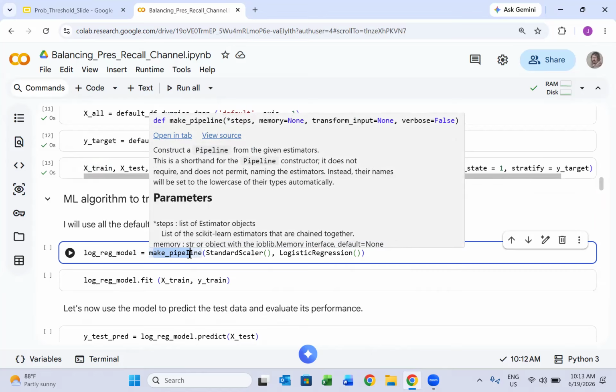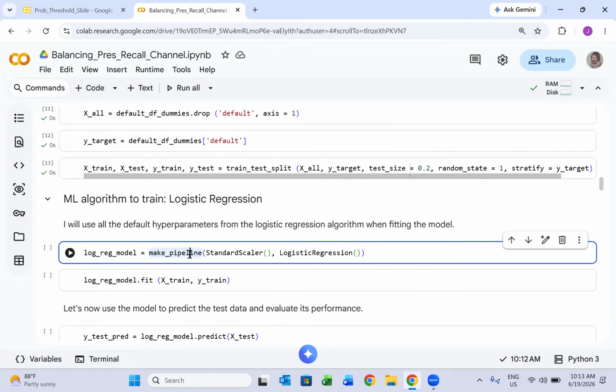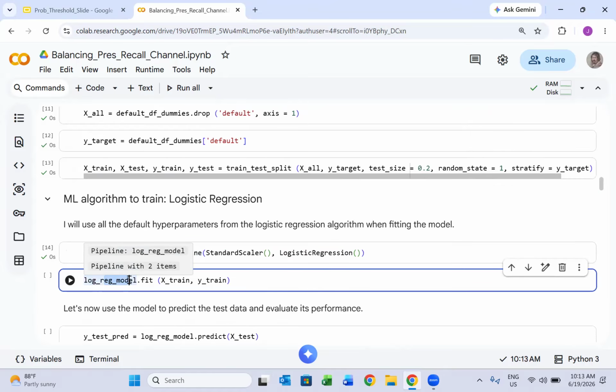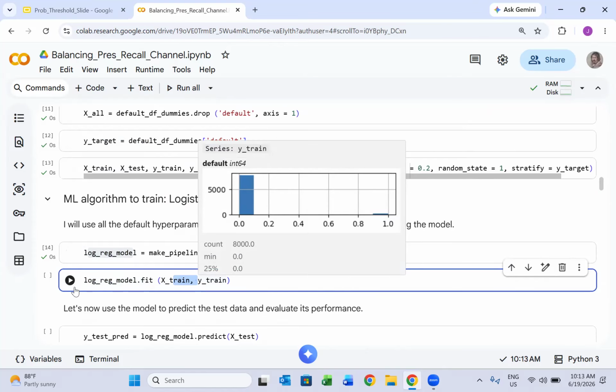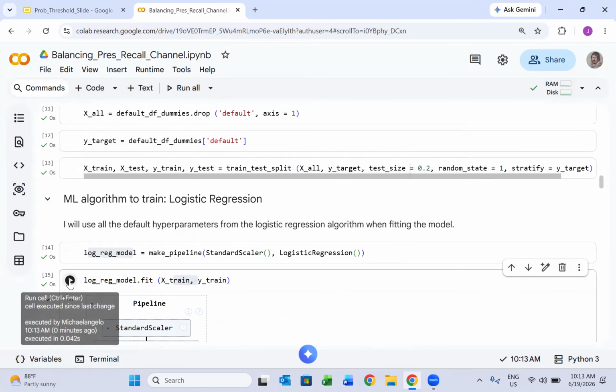When you apply logistic regression, you must standardize the features first, and that function allows me to do those steps in a sequence. So standardize, then apply the specific machine learning algorithm, which in this case is logistic regression. All right, so let's define the model, which I title logistic regression model. And now in the next code cell, I train the model by invoking the fit function on the training data. Perfect. So the model trains very quickly.